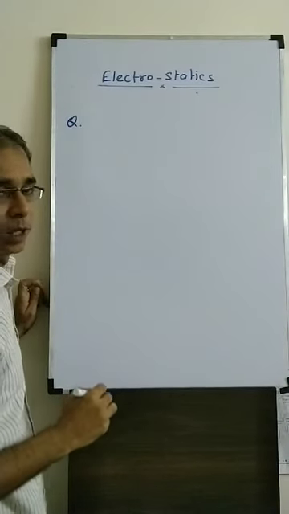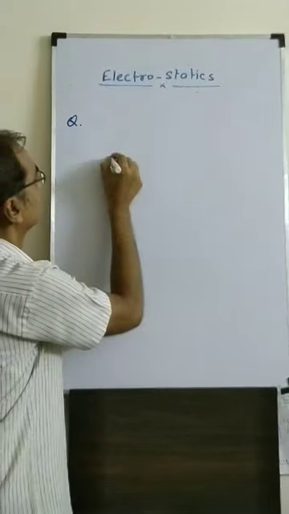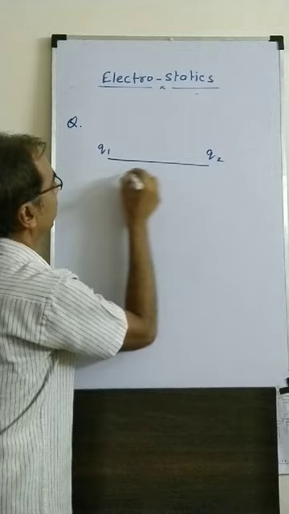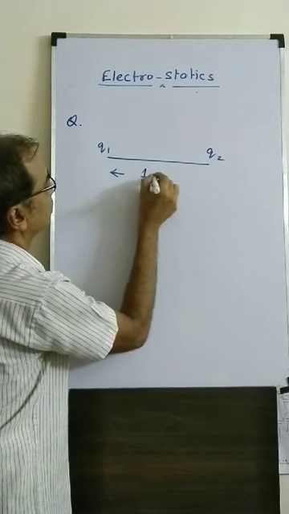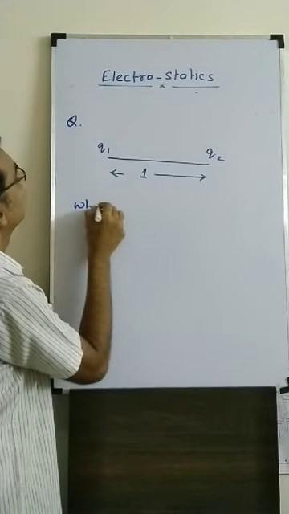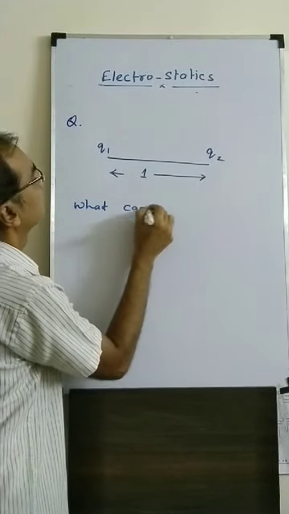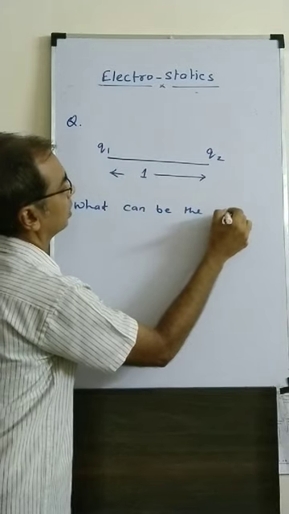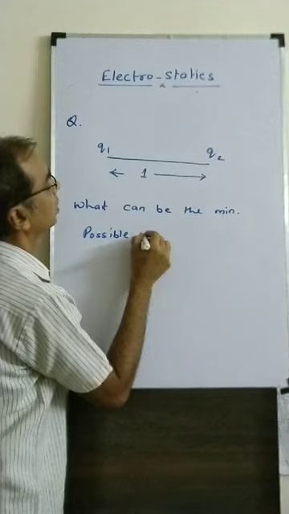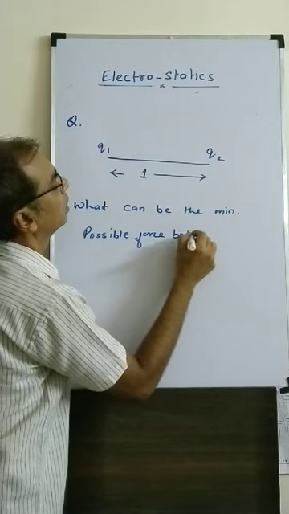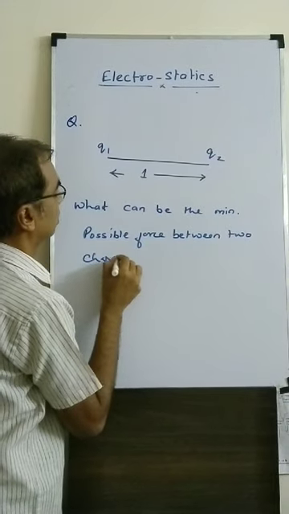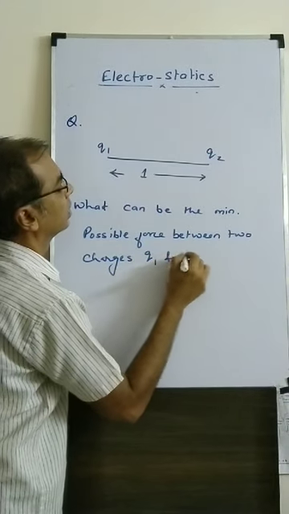So first question, a very simple question. If I say that there are two charges Q1 and Q2 and the separation between them is 1 meter, the question says: what can be the minimum possible force between two charges Q1 and Q2?